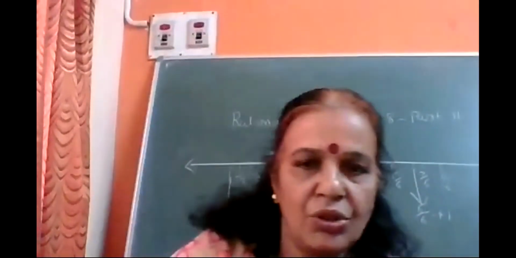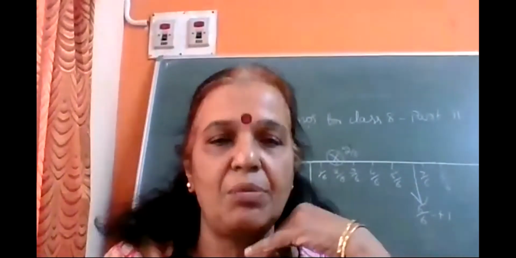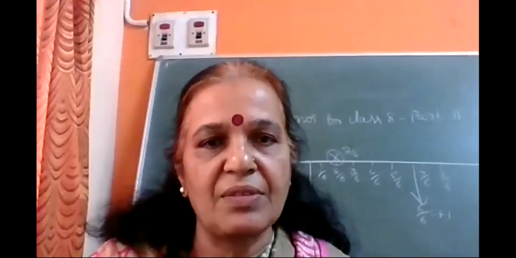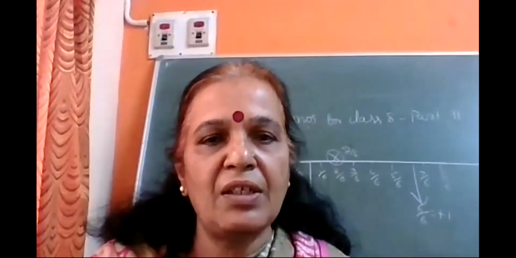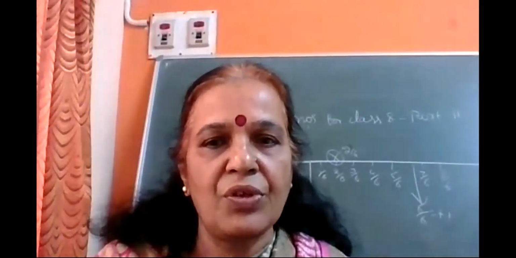And you can find a few rational numbers which come in between two rational numbers. Now, in the exercise, there is one sum where you have to find 5 rational numbers in between minus 2 by 5 and minus 2 by 5 and half.